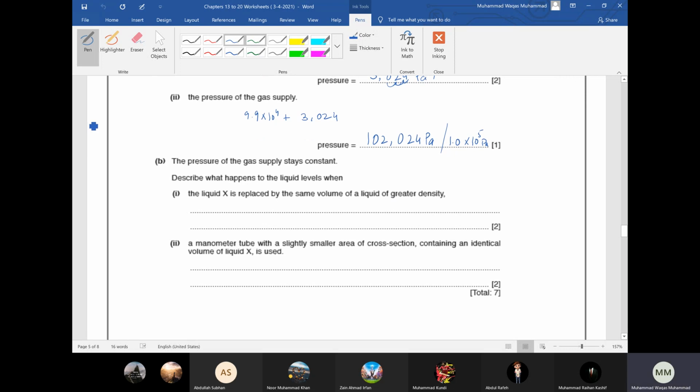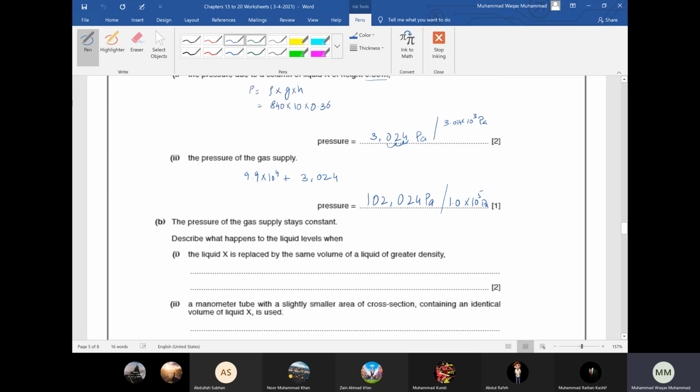Next, part B of the same question: the pressure of the gas supply stays constant, right? The pressure does not change. It means the gas supply has the same pressure, 102,024 pascal, which is 3,024 pascal more than the atmospheric pressure, right?